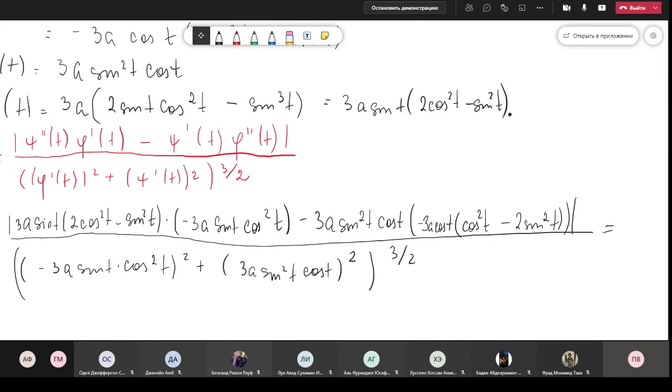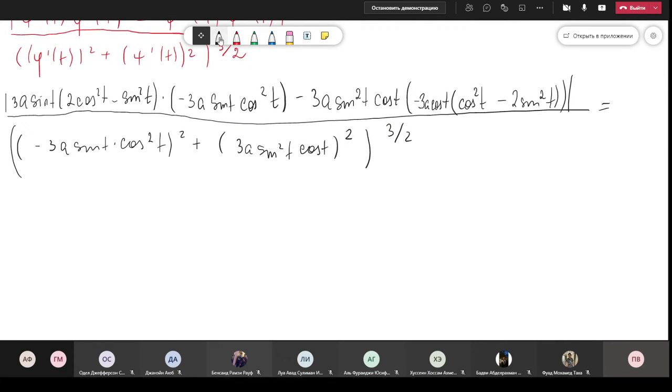Calculate all of this. What can we have? Modulus. 3a times minus 3a is minus 9a squared. This and this, minus 9a squared.